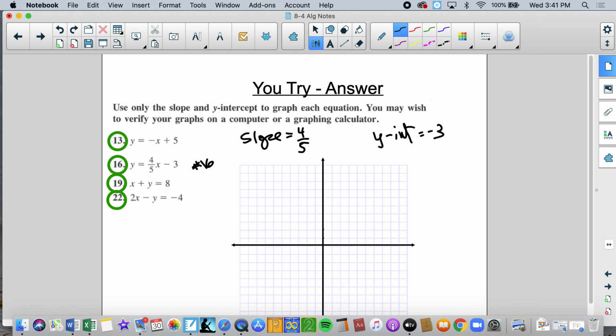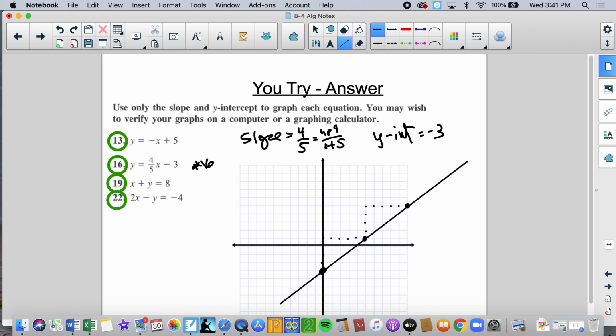So I'm going to graph my y-intercept first: 1, -2, -3, make a point. My slope is 4/5. That's up 4, right 5. I've got 3 points. I'm going to connect the dots. Oh, that was pretty good. That was spot on there.